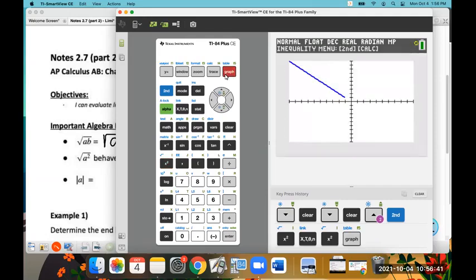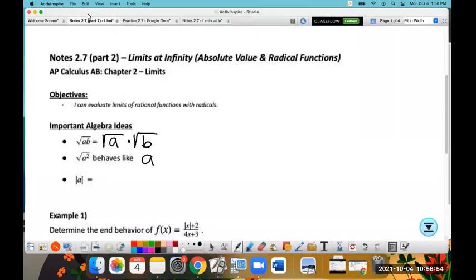Yeah, it looks like the absolute value graph. Whereas, what does the plain X graph look like? Yeah, just a straight line. So this part should dip down. So it doesn't just behave like a normal A, it behaves like the absolute value of A.